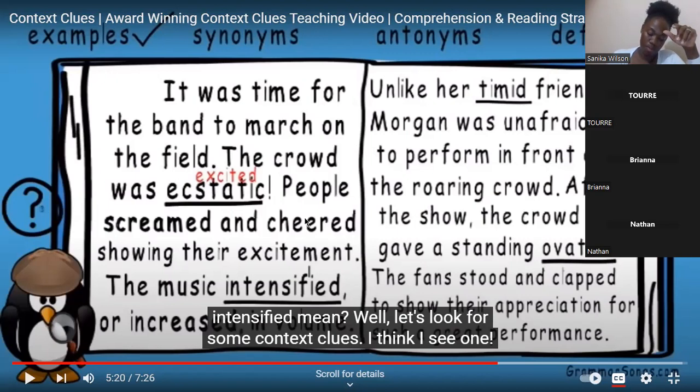A synonym. Okay, so that is correct. Synonym was used because intensified can be replaced or means the same as increased. Very good. So, Brianna, if you had chosen two answers, I would have marked you incorrect. You have to choose one, and the answer, of course, was synonym.